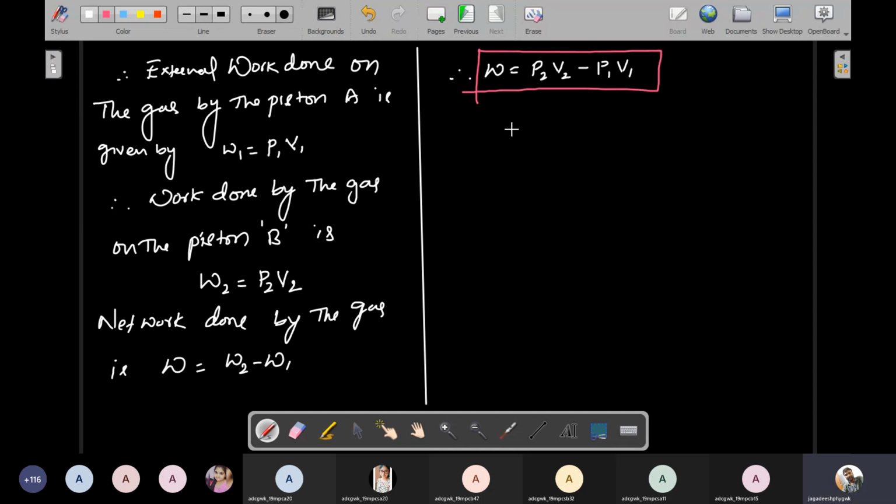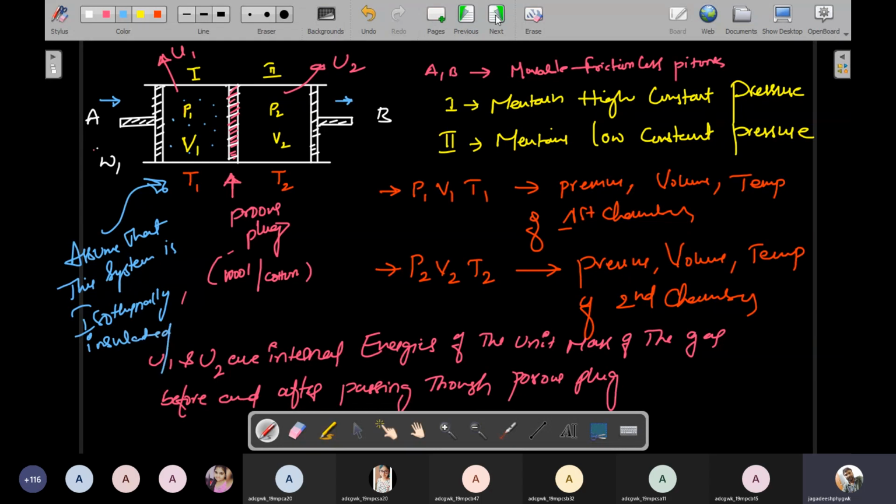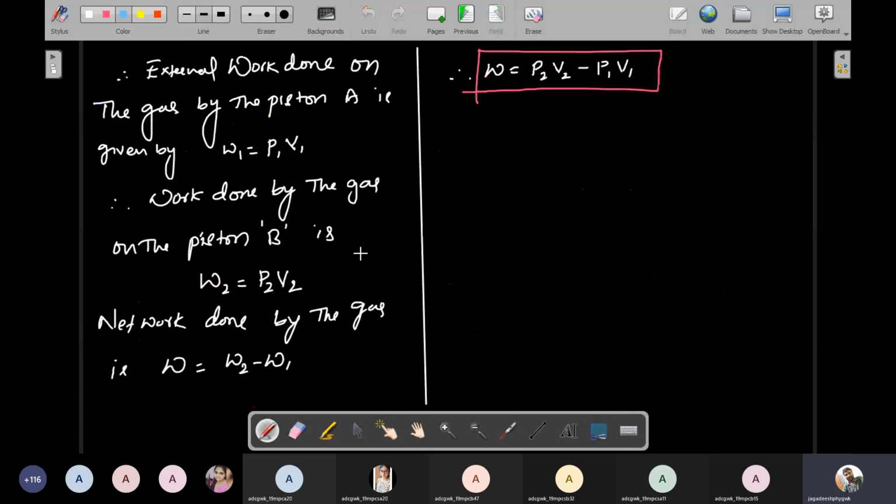See, we assume that the system is isothermally insulated. Assume this system is isothermally insulated. So if this system is isothermally insulated, then definitely this work must be equal to the change of internal energy.